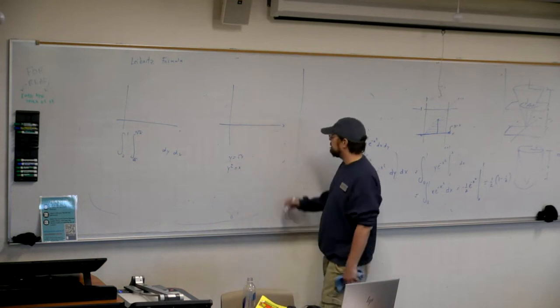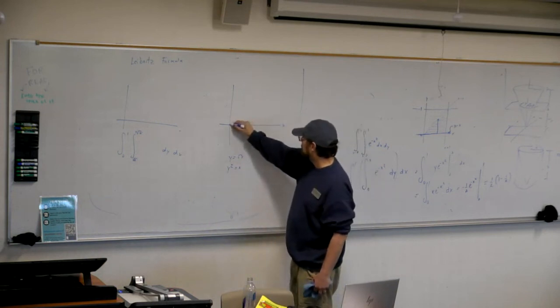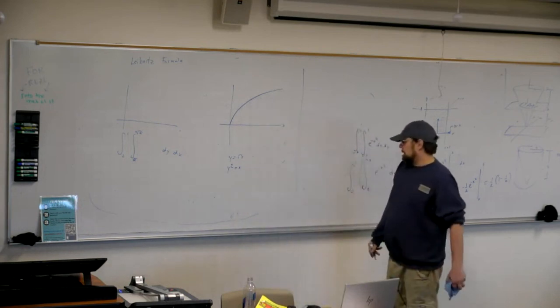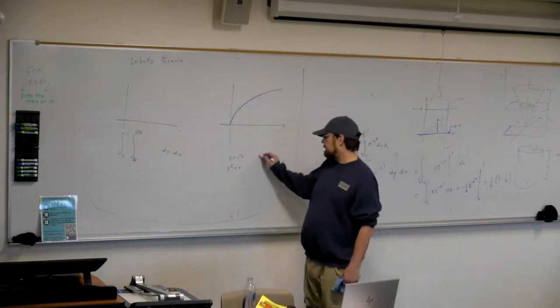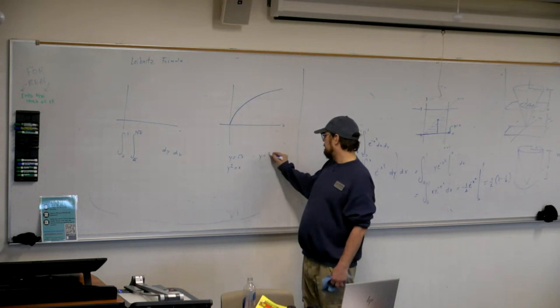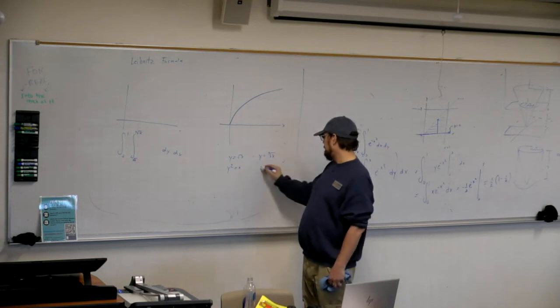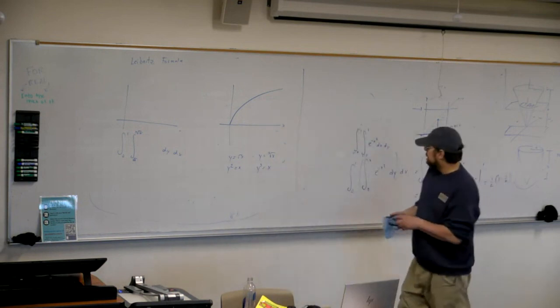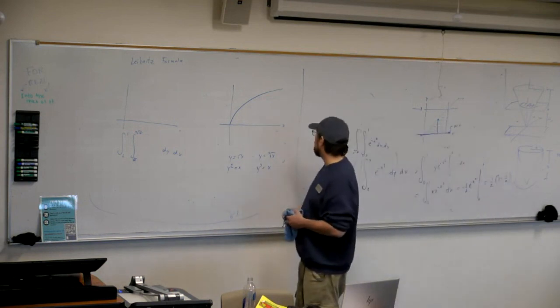But it's only for positive y, so it's like a parabola on its side. And if y is the cube root of x, then y cubed is equal to x.